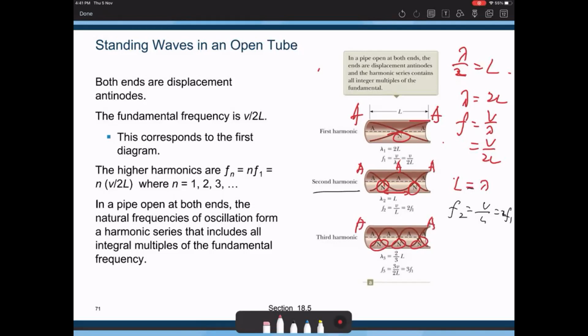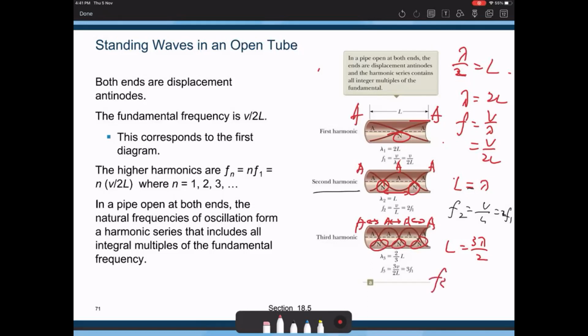The distance from one end to the other, of course, is equal to L, and it is equal to 3 lambda over 2, because altogether you have 2 nodes in the tube and 2 antinodes at the open ends. So the whole length of the tube is equal to 3 lambda over 2.